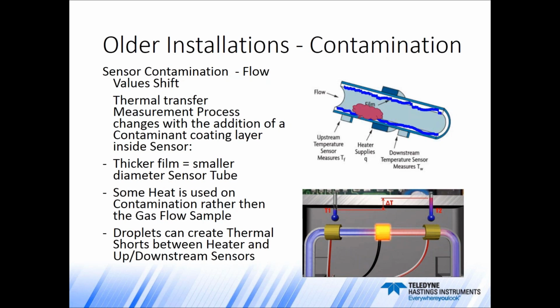Also, I want to point out contamination in the form of liquids. Liquid droplets, like the really nice reddish blob that I feature there inside the sensor tube, can actually act as a thermal short circuit between the upstream temperature sensor and the heater, or the heater and the downstream temperature sensor. This is literally the equivalent of an electrical short circuit in an appliance.